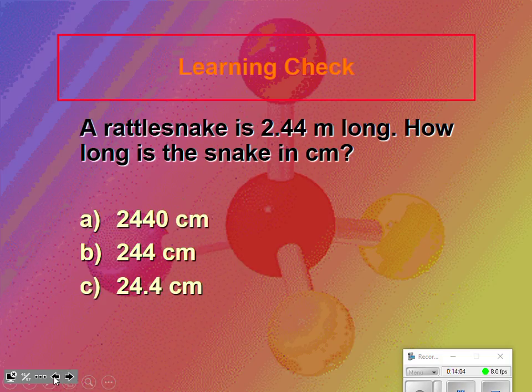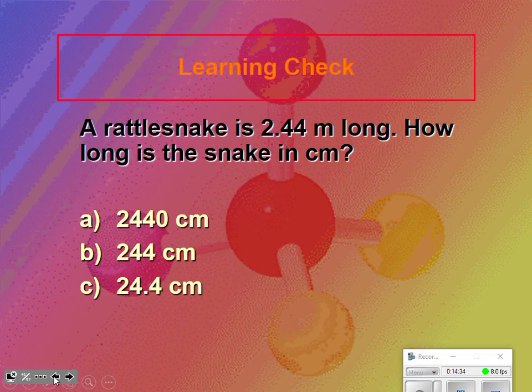If you don't remember your metric conversion, you have a chart you wrote down yesterday. Look at your metric conversion chart. How do I go from meters to centimeters? I'm jumping the decimal to the right 2 times. So what's my answer going to be?